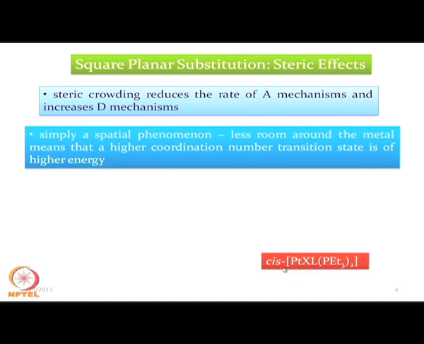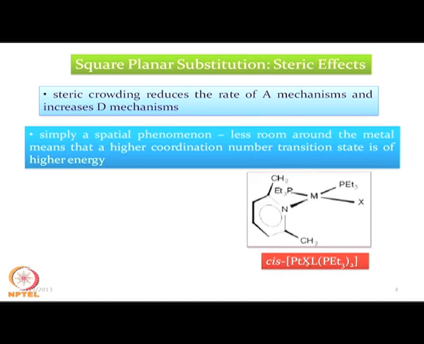Now consider a group like this, again some kind of cis and trans isomer, but now triethyl phosphine is the ligand, where the ethyl groups create a certain amount of bulky environment. Then X is there and L is there. How this particular group can form and how it functions we can also see.